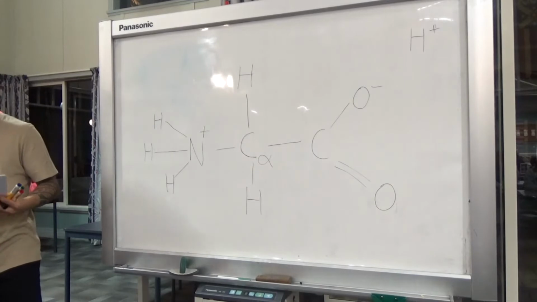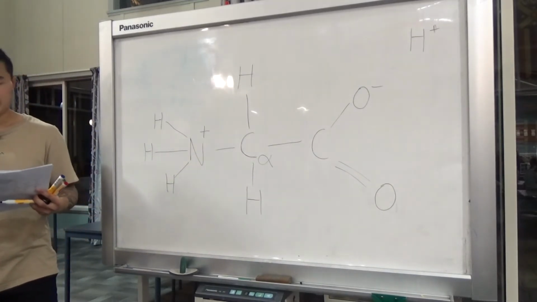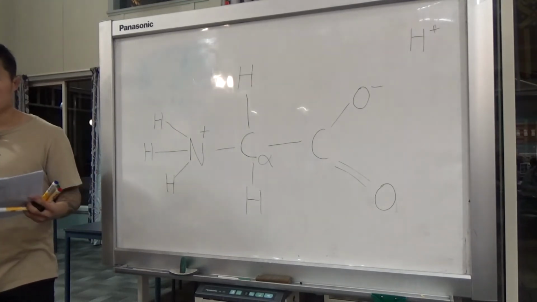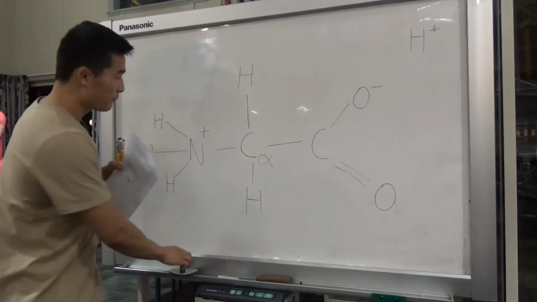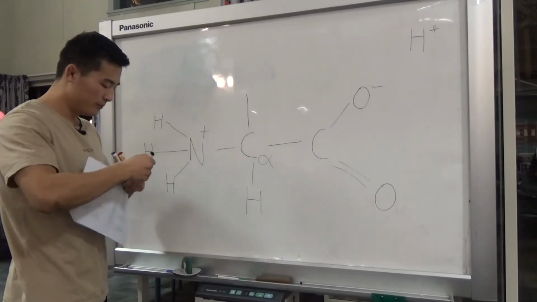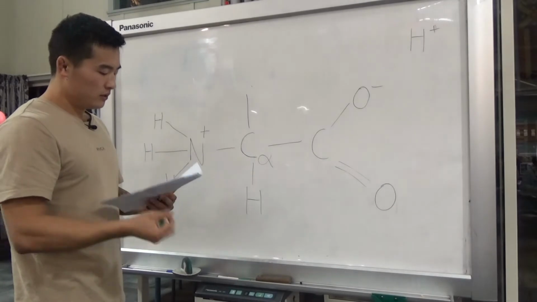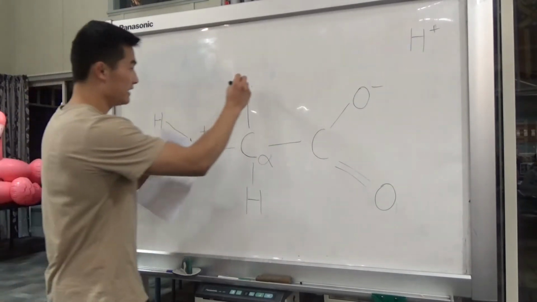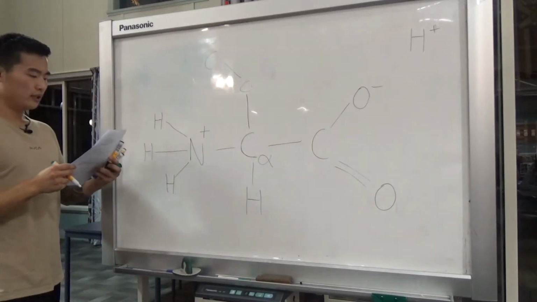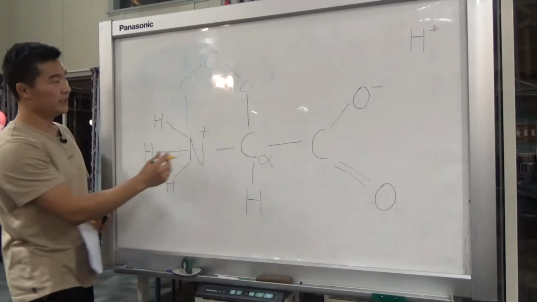And then we have proline. Proline's a special one because it's the only side chain that is actually connected to the alpha carbon twice. You can see there that our R group is actually connected to the amino group.